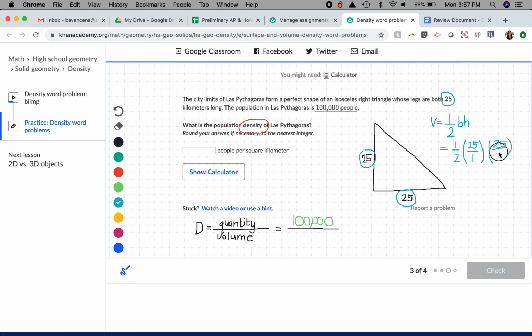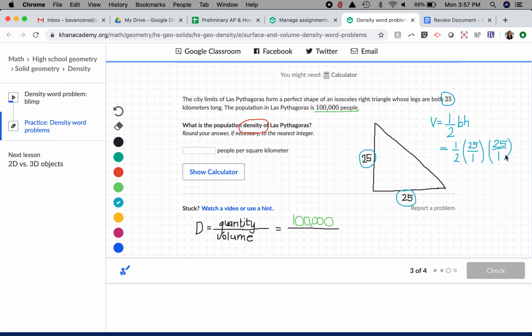Now, I like doing this because I know that whenever I'm multiplying fractions, I just multiply numerator times numerator and denominator times denominator. So adding this over 1 doesn't change the value of the number, but it makes it easier for me to see what I'm multiplying.